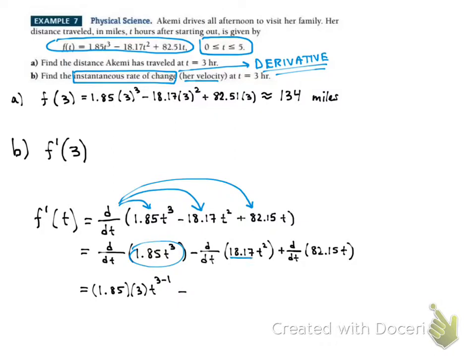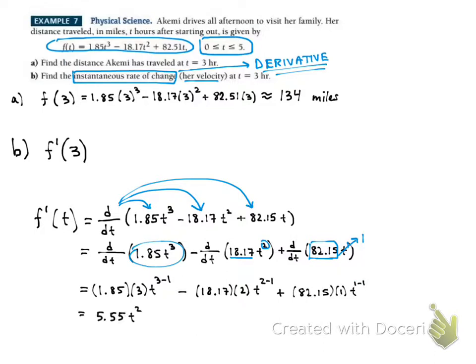Then the next one would be 18.17 times 2, and then t to the power 2 minus 1. And then the last one, it's 82.15 times 1, and then t to the power 1 minus 1. Whenever you have just t to the first power, the t is going to go away, it's going to go to 1, and you're just going to be left with whatever the coefficient was.